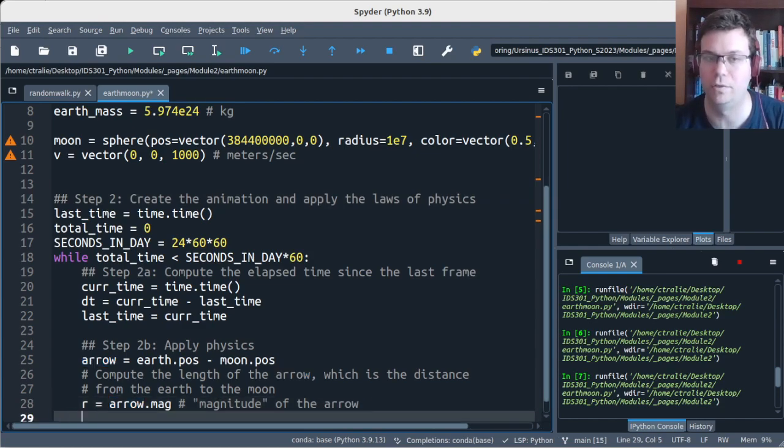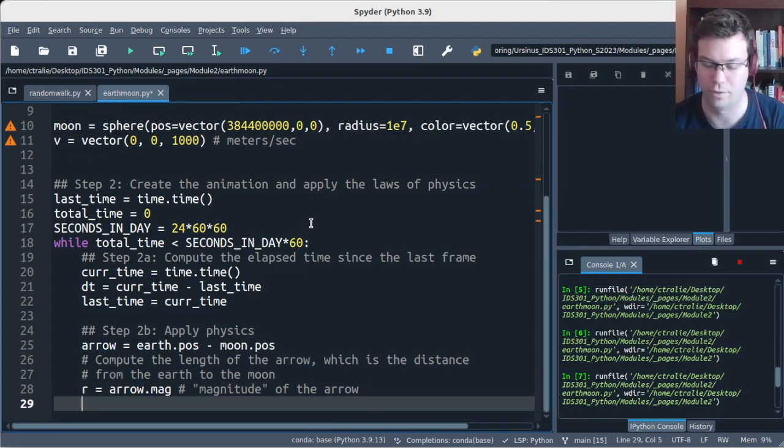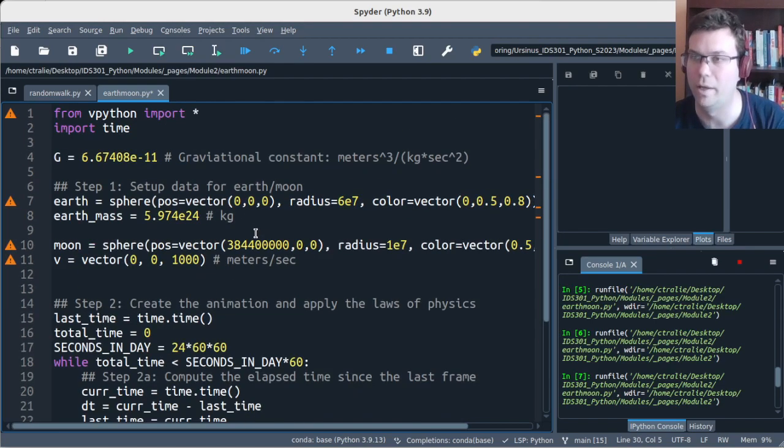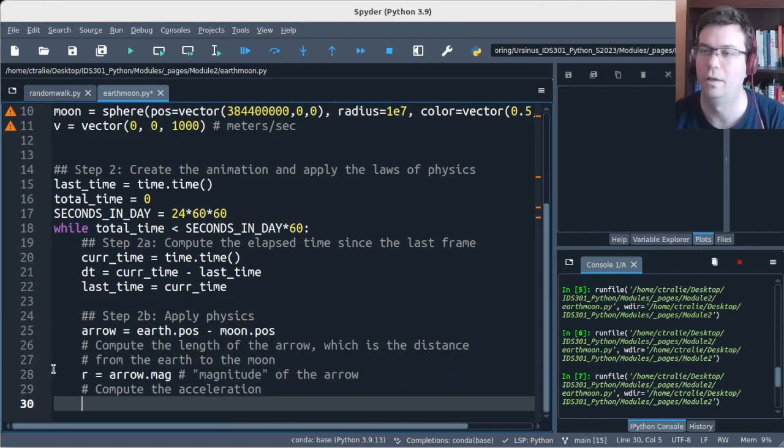And from that distance, we can actually compute the acceleration. So the acceleration due to gravity, using the gravitational constant that I defined here, using the mass of the Earth, and then using the distance from the Earth to the moon. And so it turns out that acceleration vector can be computed as the direction, or the arrow, times the gravitational constant times the Earth mass over that distance cubed.